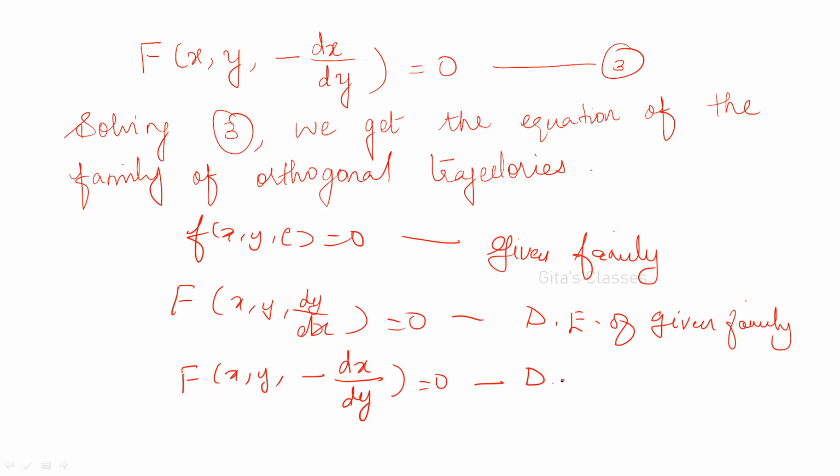This is the differential equation of the orthogonal trajectory. Solving this, we will get capital F of x comma y comma another constant k is equal to 0. That will be the orthogonal trajectory equation. So very simple: just differentiate and eliminate the constant, replace dy by dx with minus dx by dy, then solve, and you will get the equation of the orthogonal trajectory.